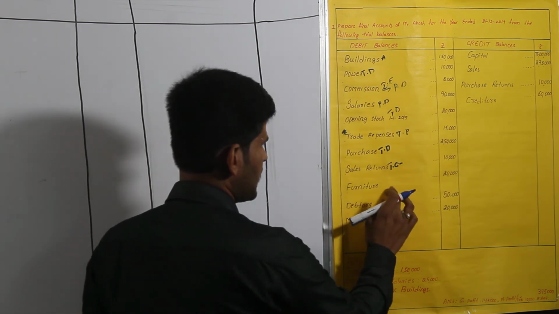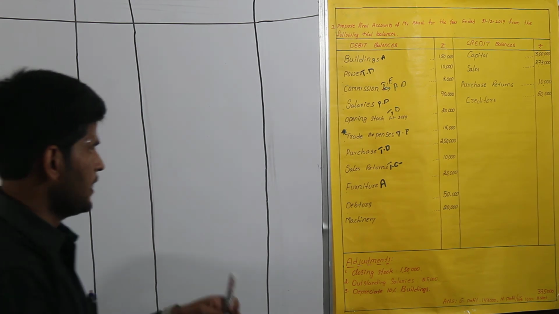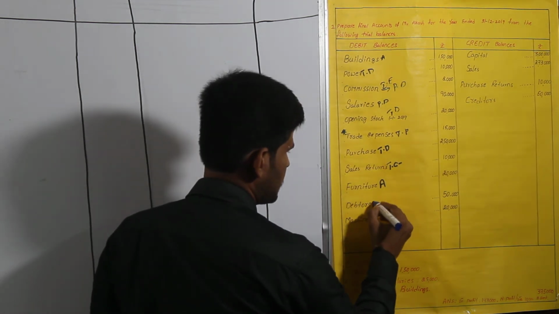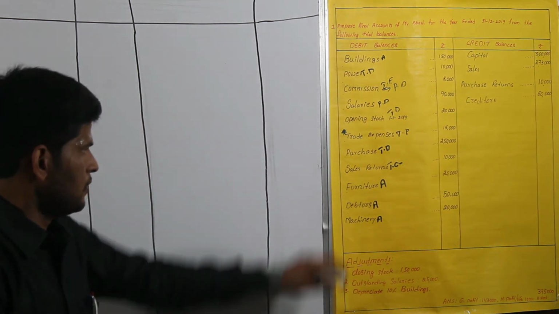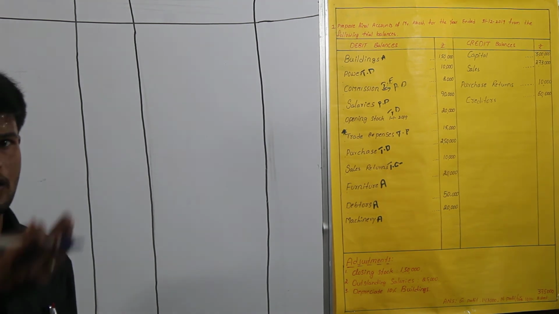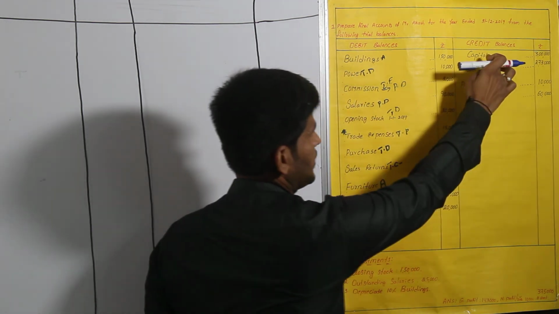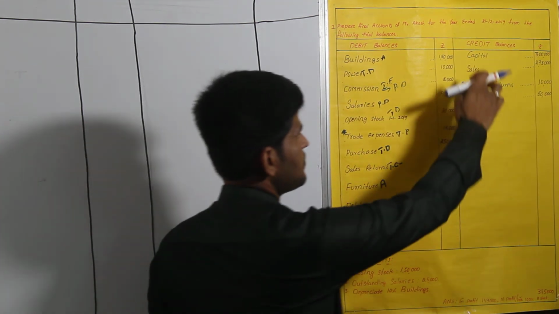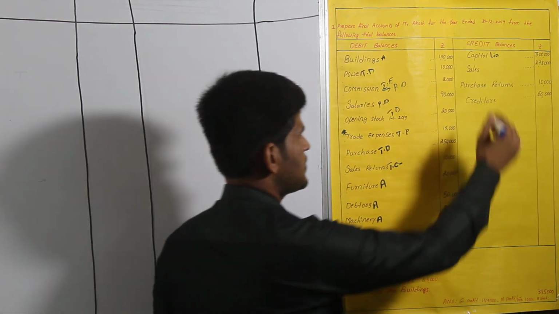Next one, furniture. Furniture is an asset. Debtors is also an asset. Machinery is also called an asset. These are all assets, based on our knowledge of the proforma. Come to the next one, the credit side balances. Capital, liability.